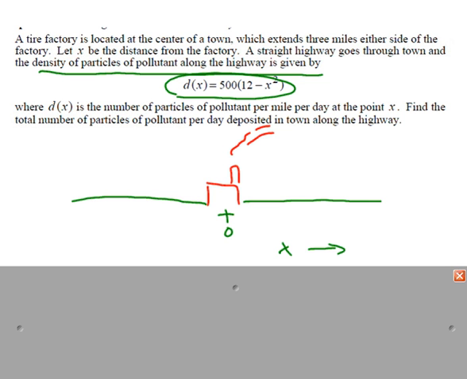Just so that we have an appreciation for that equation, it's going to look something like this, where this is negative root 12 and this is root 12. And this would be 6,000.